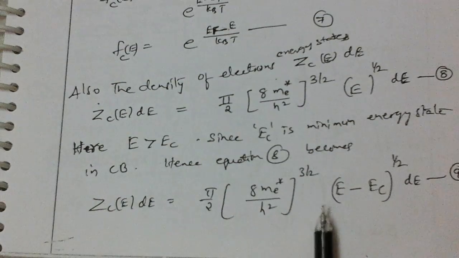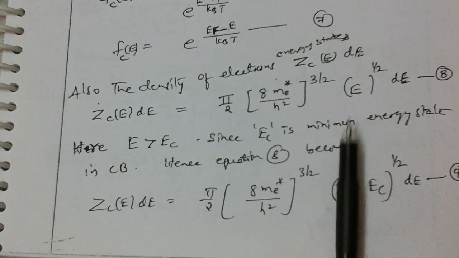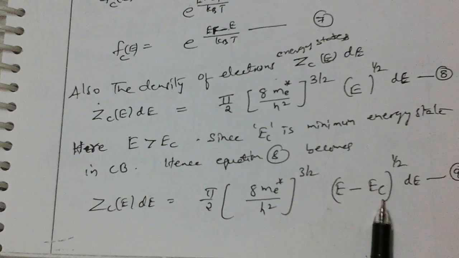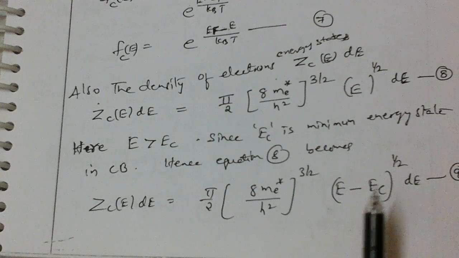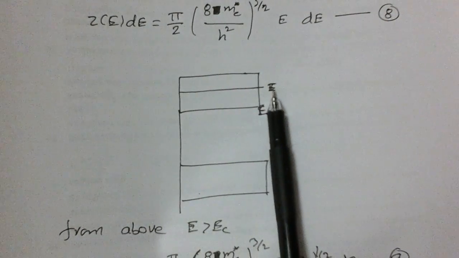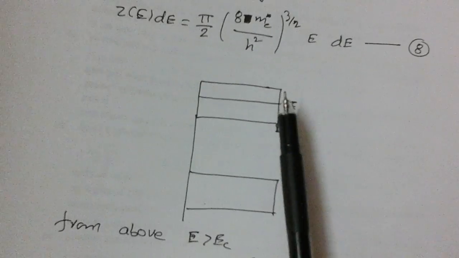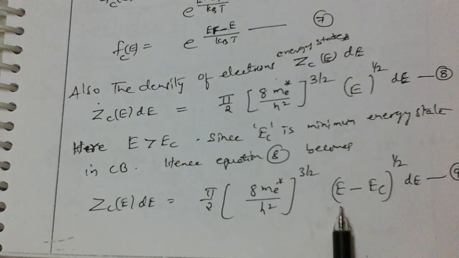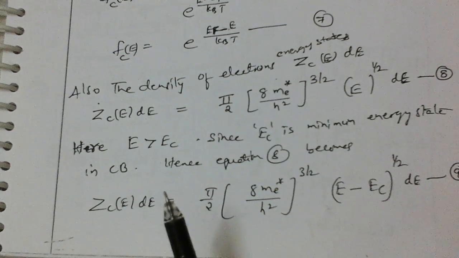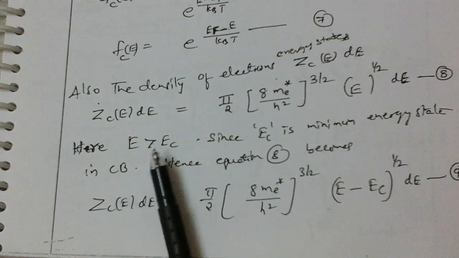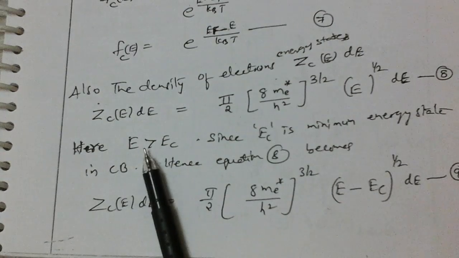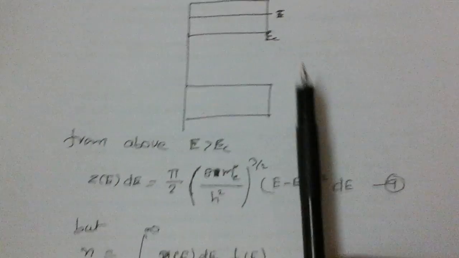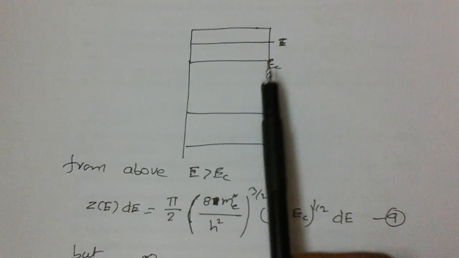Same way, this E value is going to become E minus E_C, because we are taking two energy levels, electrons are spreading, we are taking E_C to E. That is why in the place of E we are writing E minus E_C. Here E is more than E_C; in the figure, the energy E value is greater than E_C.